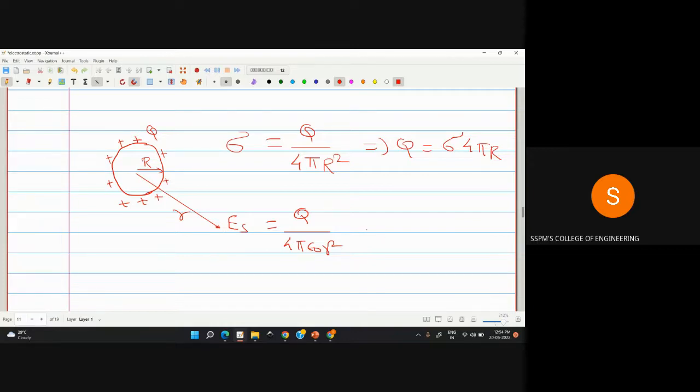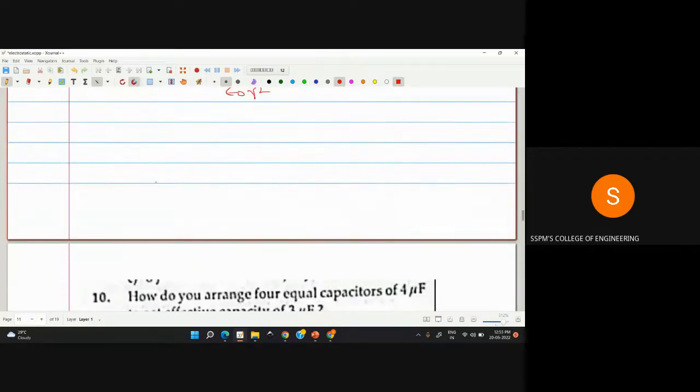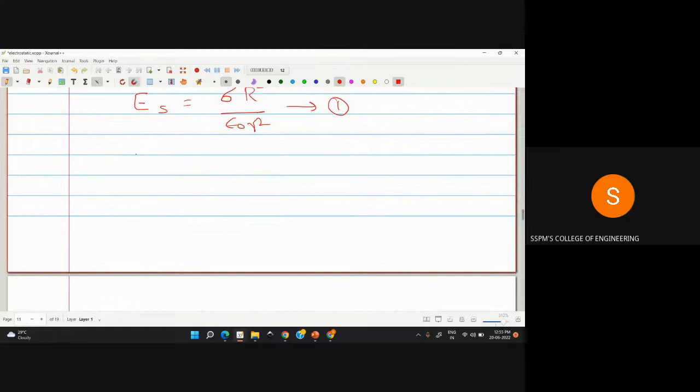So ES is sigma into 4 pi into R square divided by 4 pi epsilon 0 small r square. So see what ES comes to here. ES is equal to sigma into R square divided by epsilon 0 into small r square. This is ES, equation number 1. Now in the second case, what is given? In the second case one cylinder is given.